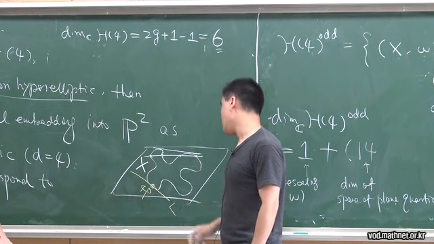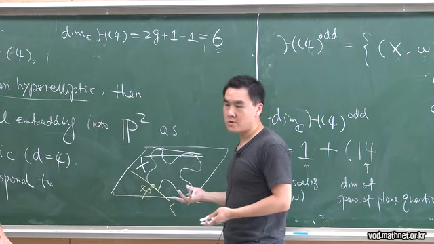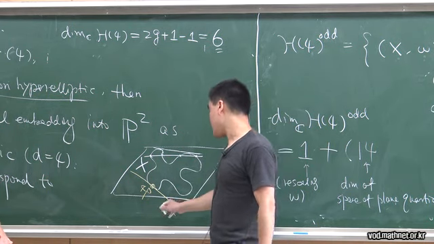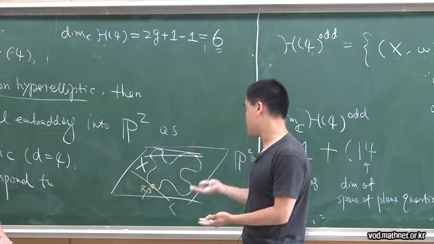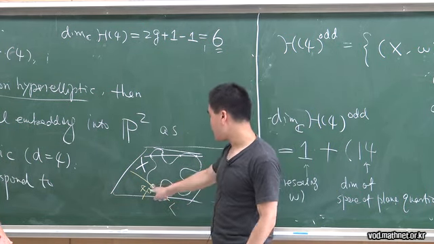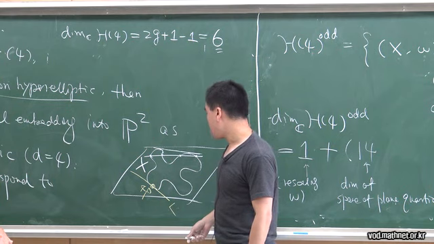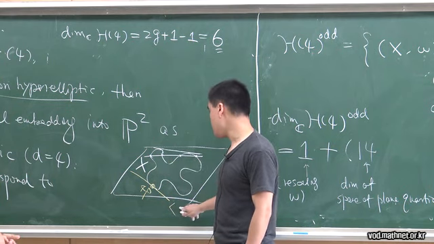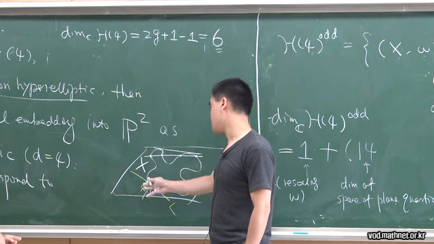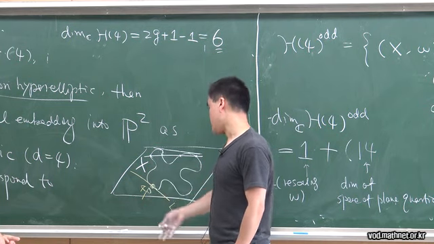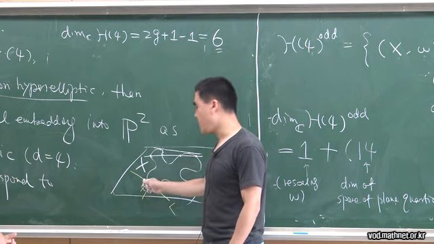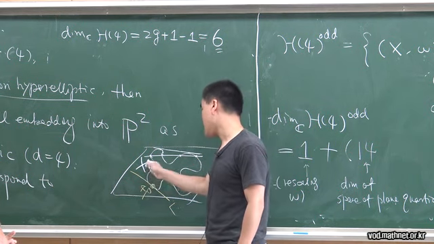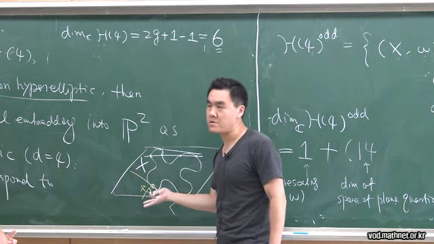I can say L is given by z0 equals 0. And even in affine coordinates, I could say L equals one linear equation. Then I set P to be the origin. And when I restrict X to L, which just means I set one coordinate to be 0, I get a polynomial divisible by the other coordinate raised to the 4th power. So that means it will cut out exactly the origin 4 times.